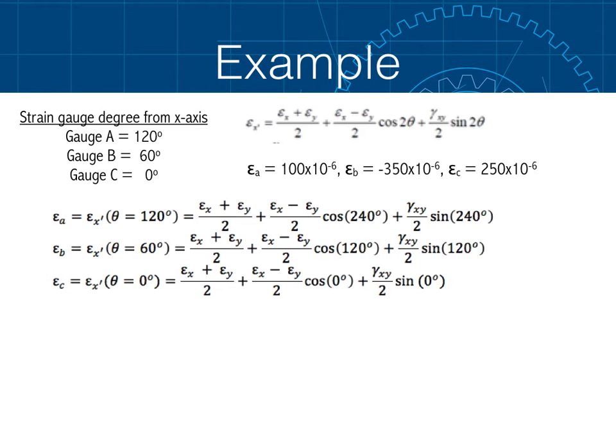Similarly, we can see how strain gauge B, with its 60-degree orientation, is inputted into the equation, giving us the cosine 120 and sine 120 values. And likewise, the strain gauge C, with its 0-degree orientation, giving us the cosine 0 and sine 0 values.